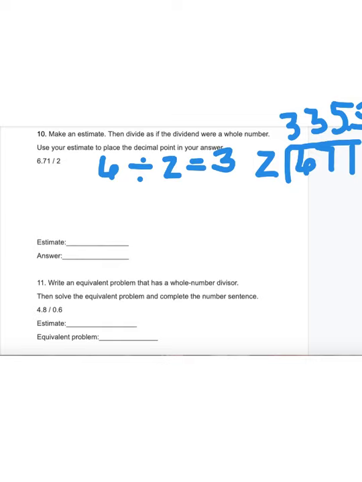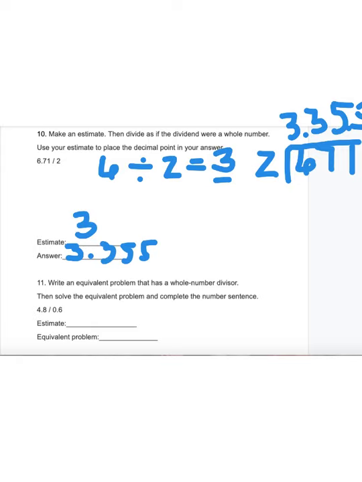Then I need to make my answer close to my estimate, which was 3, so that means I'm going to put my decimal point right here to make my answer 3.355. So my estimate was 3, and my answer is 3.355.